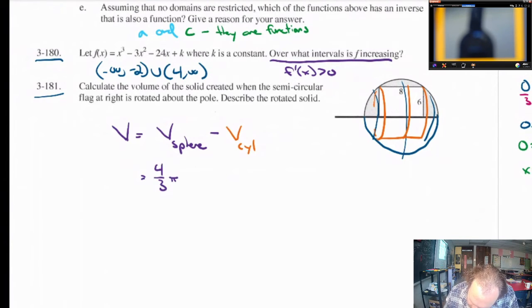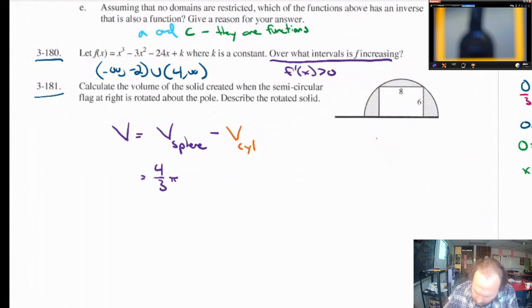Now the radius of that sphere, that's going to be another question we have to answer. What is the radius of this sphere? Well, it would be the distance from this center point out here, and I know that chunk there is 4, and I know the height is 6. So the radius is all I'm looking for. That would be 4 squared plus 6 squared equals r squared.